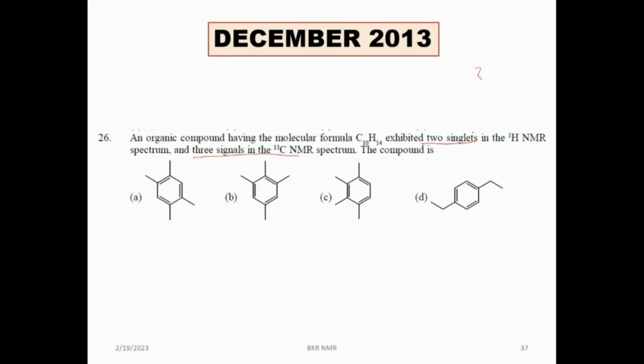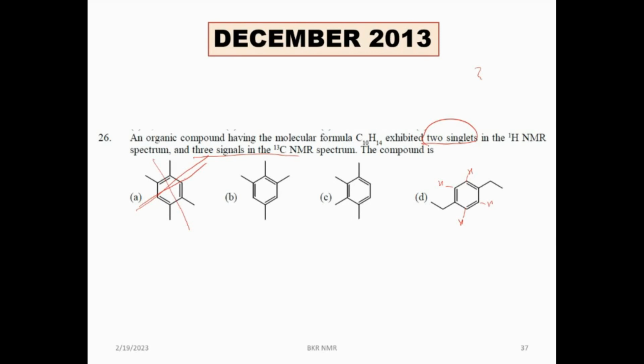2 singlets. Actually, I have not talked about the splitting so far, but based on your knowledge of the number of signals, you can always tell me. Suppose I take option A. You can cut the molecule like this, and count the number of hydrogens in one particular quadrant.